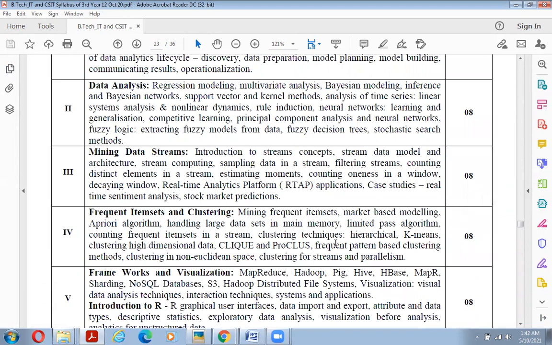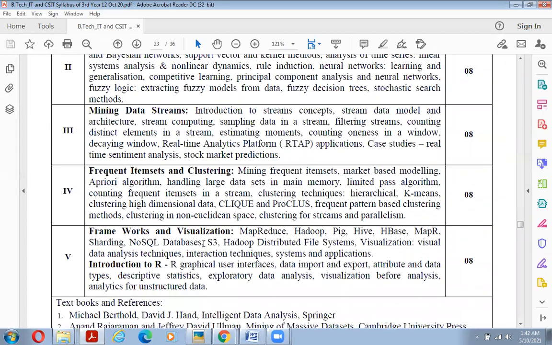The fourth is frequent item sets and clustering, where the bulk of data will be analyzed. And then the fifth unit will be frameworks and visualization, where we understand what the technique is all about. So it's a very broad spectrum syllabus. I hope you will understand in the journey of understanding.